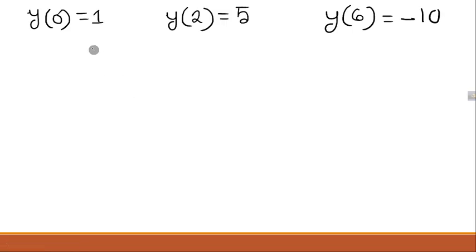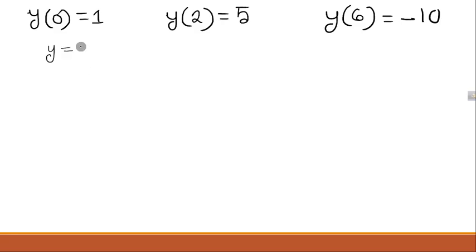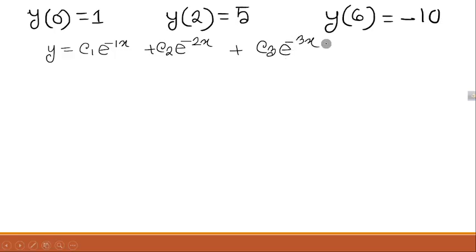Now suppose that you are given this equation, and y was equal to c1 e to the power minus x, plus c2 e to the power minus 2x, plus c3 e to the power minus 3x. It was my solution.